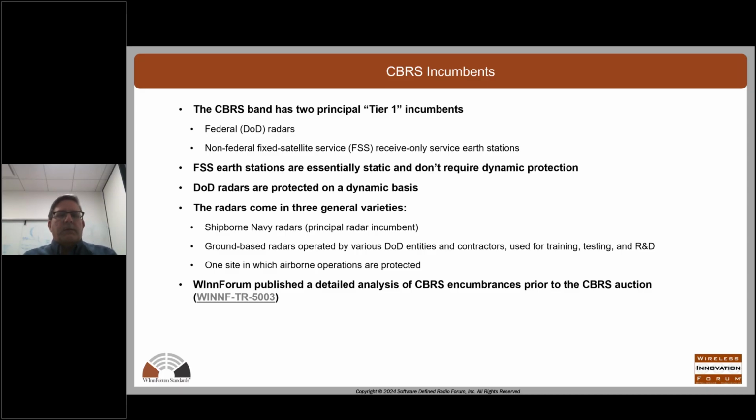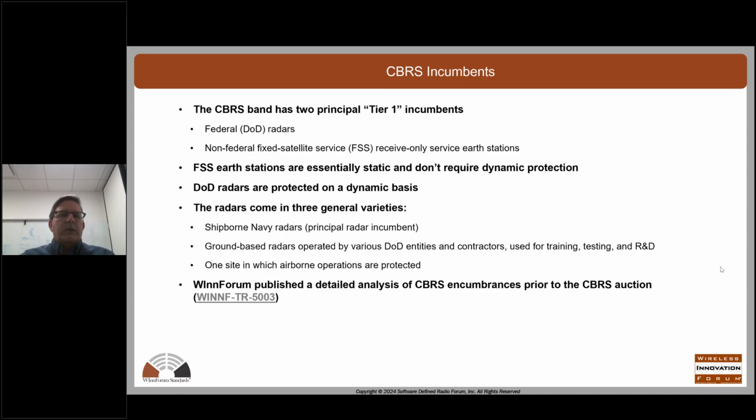The DoD radars, on the other hand, are protected on a dynamic basis because the in-band radars come and go. The principal in-band radar is a shipborne radar that operates off the coast. And those radars aren't on all of the time, and we only need to protect them when they are on.